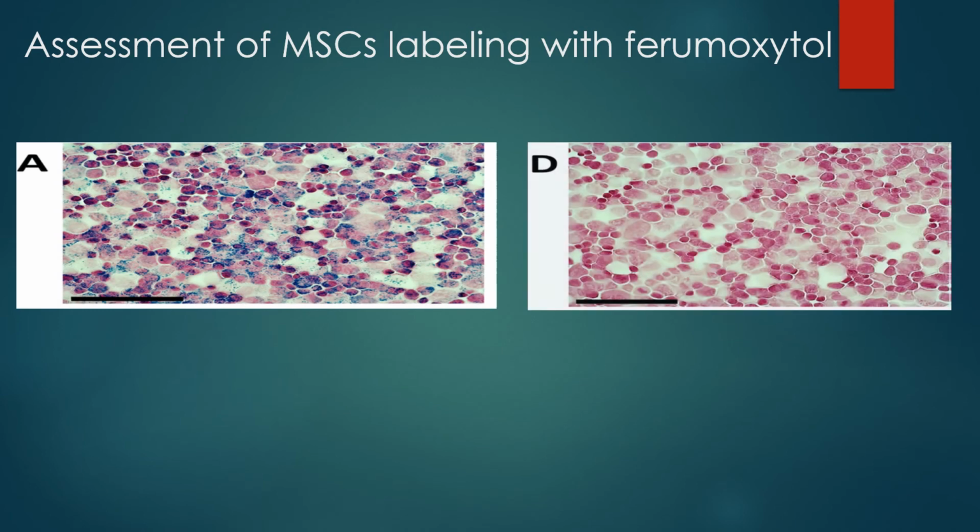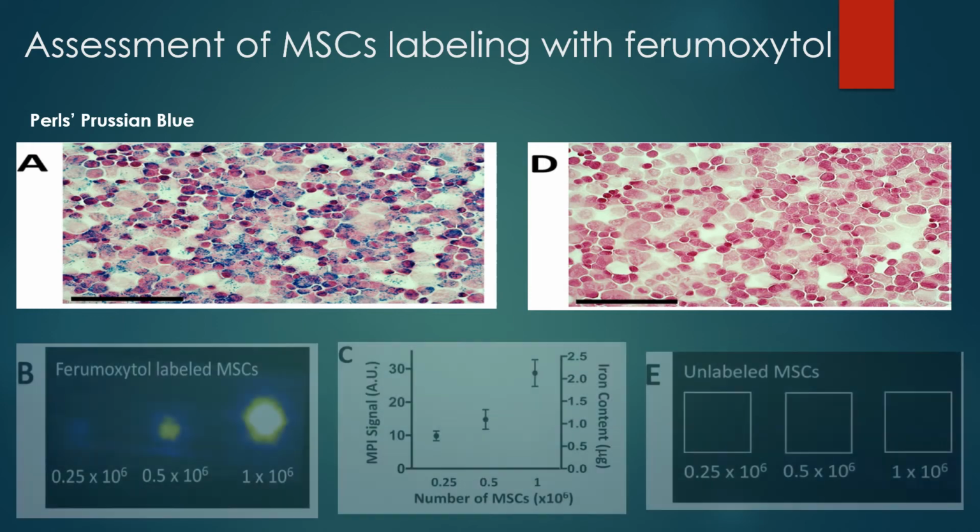And here are some histological reports from the MSCs labeled with ferumoxytol. These histological sections are stained with Prussian blue, and in figure A, you can see the MSCs took up the ferumoxytol, but in figure D, these are the unlabeled MSCs.